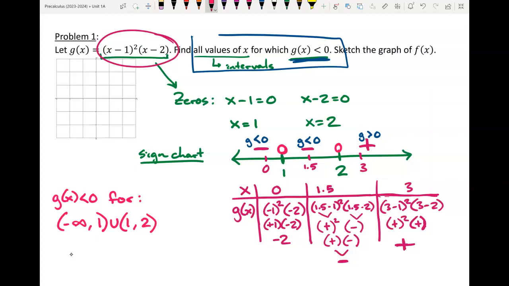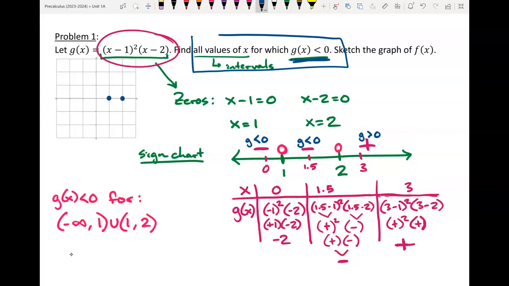Now, it did ask me to sketch a graph of the function. It's going to be a very basic sketch. In a future lesson, we're going to be doing a much more detailed sketch of our polynomials. But for right now, we're just going to base it on the information that we have. One, we know where our zeros are. We're at positive 1 and positive 2.